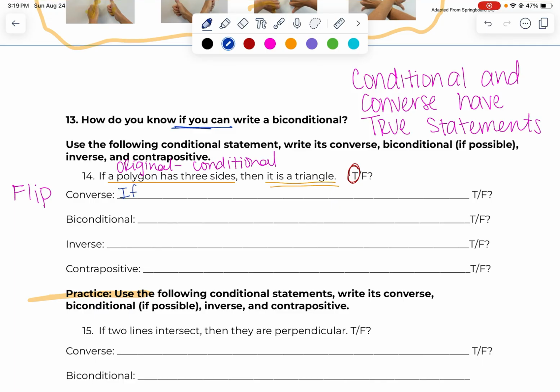So if it is a triangle, then a polygon has 3 sides. All right, is this statement true or false? This statement is also true.